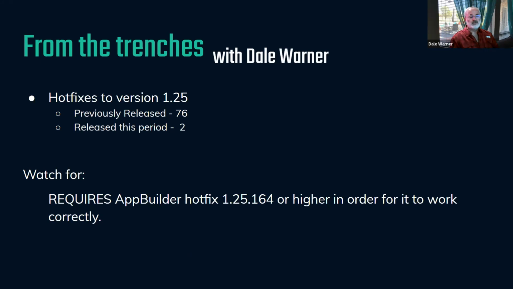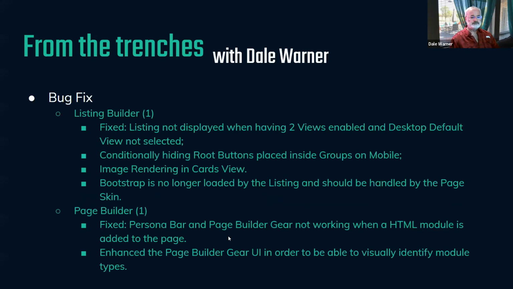The stability of the product has grown more and more through this version, and so we're pretty comfortable with these higher versions of the 1.25 release. So there should be 2 hotfixes out there that have been introduced since our last Low Code Cafe. One is in Listing Builder, and it fixes 4 different things.